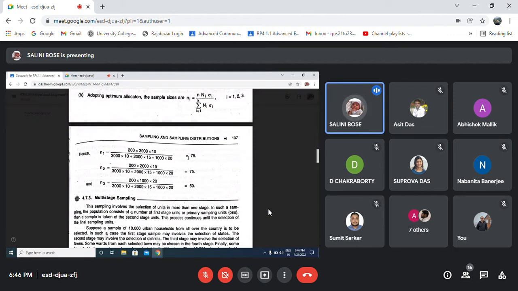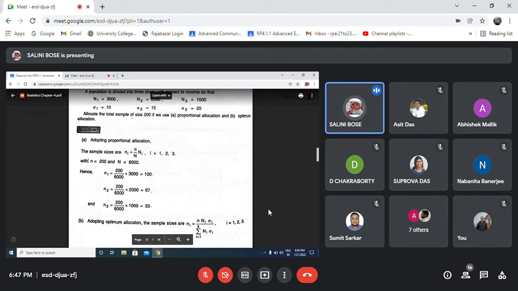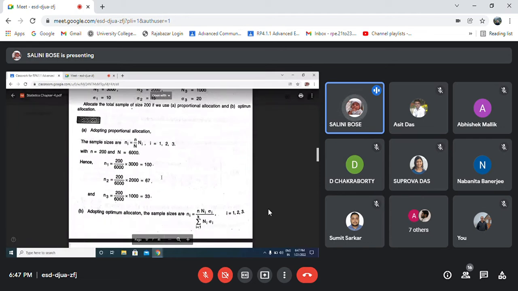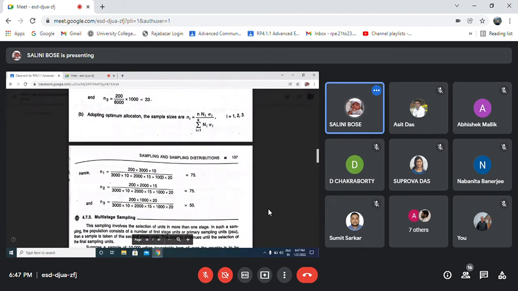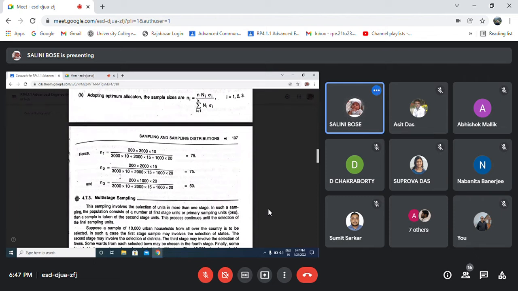Here also you can see the total size is what? That will also be the same, that is 200. That is in stratified sampling. You remember your total sample size will be the summation of the strata sample sizes.